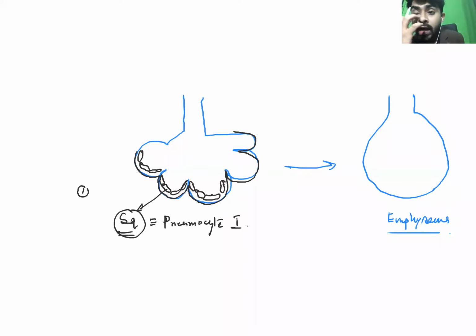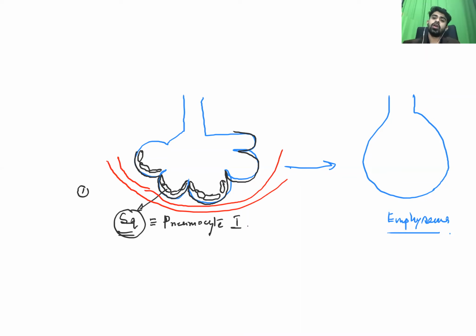And the next one is, can you tell me they will exchange gas with whom? They will exchange gases with the surrounding blood vessels like this. Yes or no, beta? Yes, sir. Now you have to tell me, this is another very important concept.